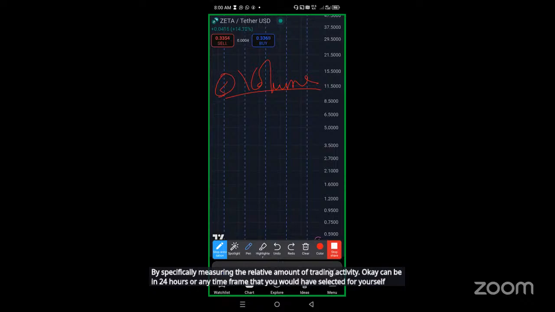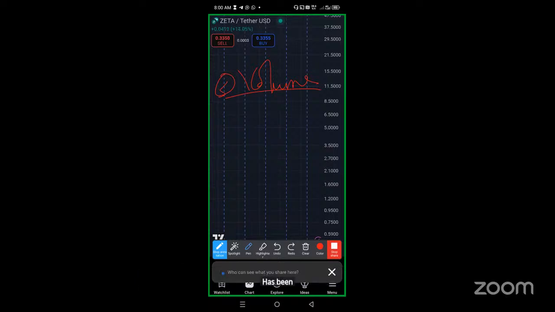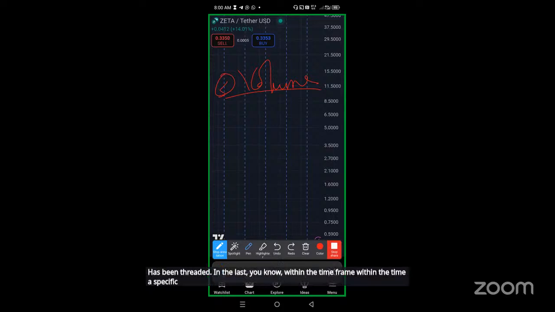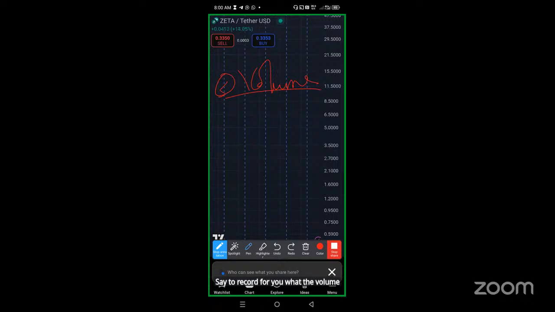So when you incorporate them, they're able to tell you how much trading volume of that particular asset has been traded within a specific time frame that you would have selected. So it will record for you what the volume was in the previous time frame.